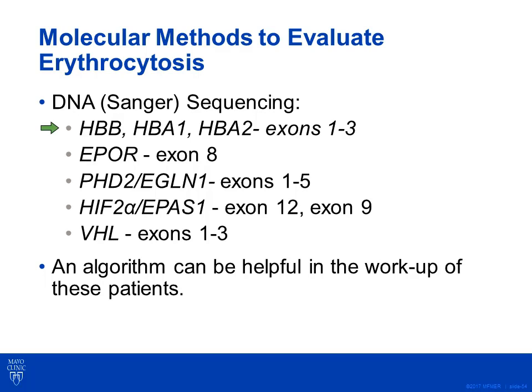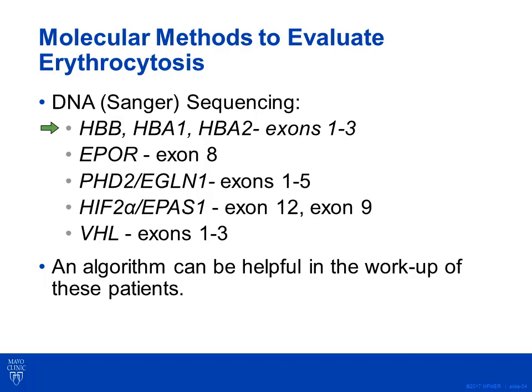That is the location of all of these truncation mutations. PHD2 consists of only 5 exons, so we can just sequence the whole thing. For the HIF2, as I've described, almost all of them are in exon 12, with a few in exon 9, so we only need to look in these 2 areas. And then once again, with the VHL, 3 exons, so we just sequence all of them.